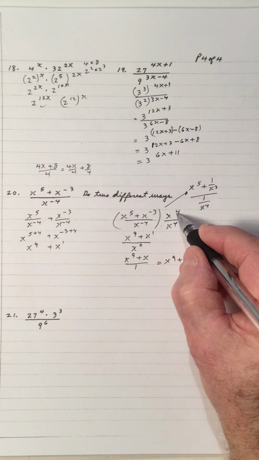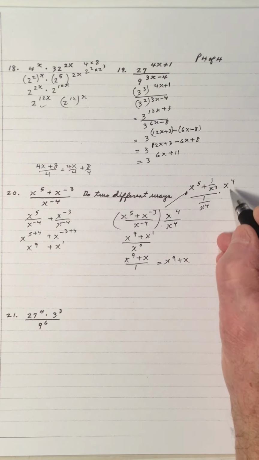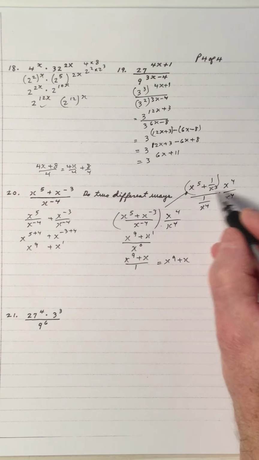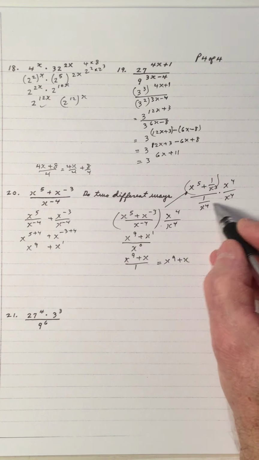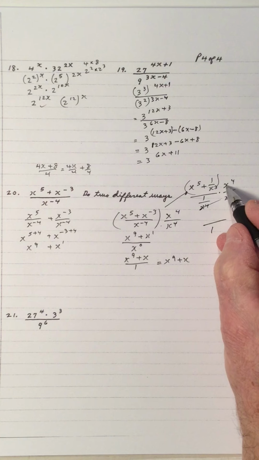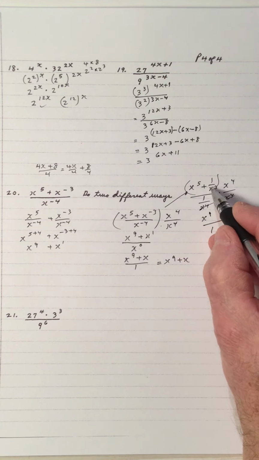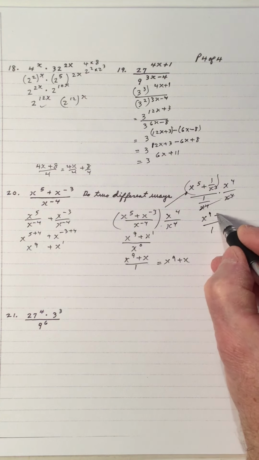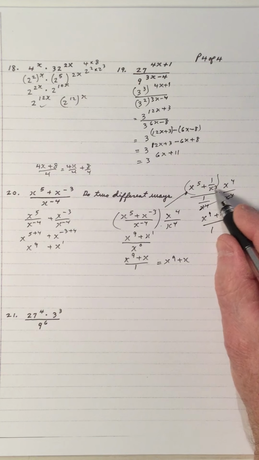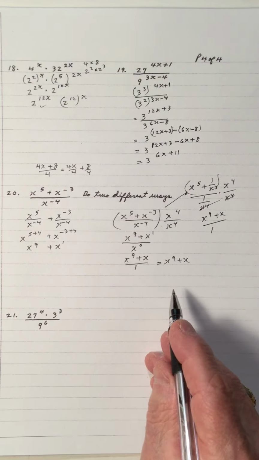So that's why I'm doing x to the 4 without showing you this. But if you did that and multiplied, you can see that they cancel out to give you the 1 on the bottom there. And x to the 4 times x to the 5 is x to the 9. And when you multiply 1 over x cubed by x to the 4, you just get x, because x cubed divides into x to the 4, just x. Just different ways to show you.